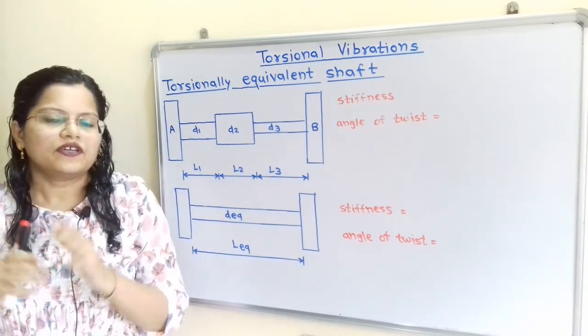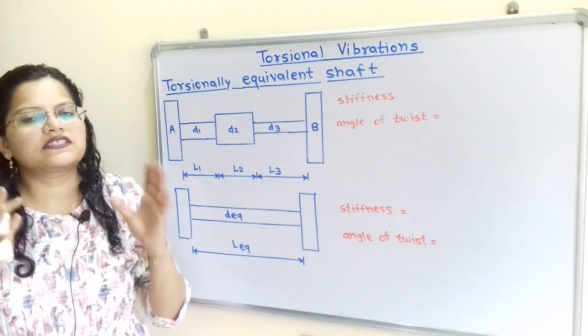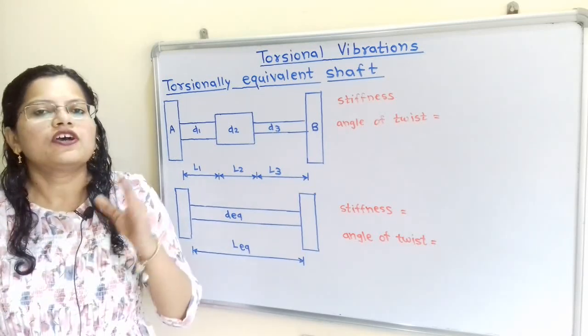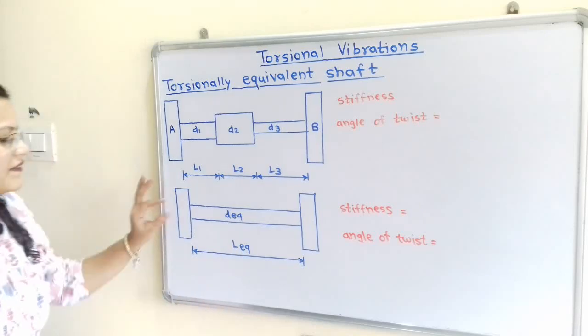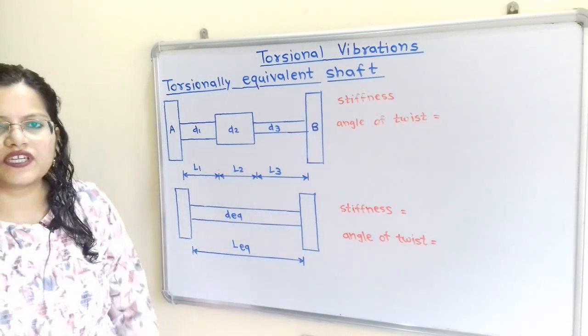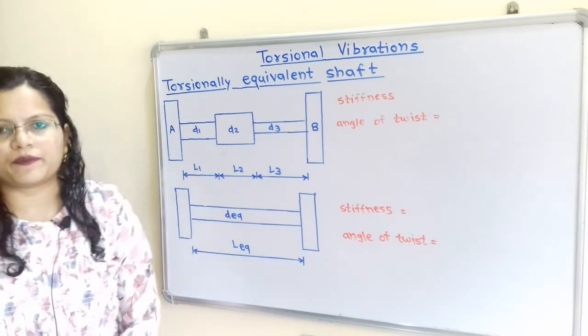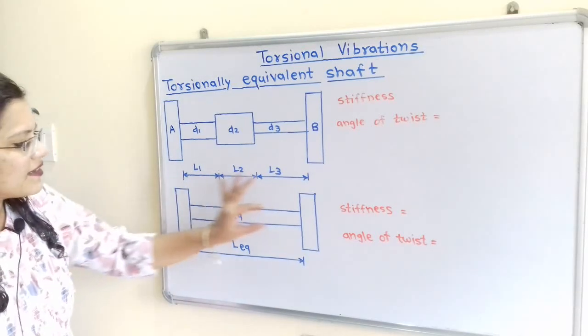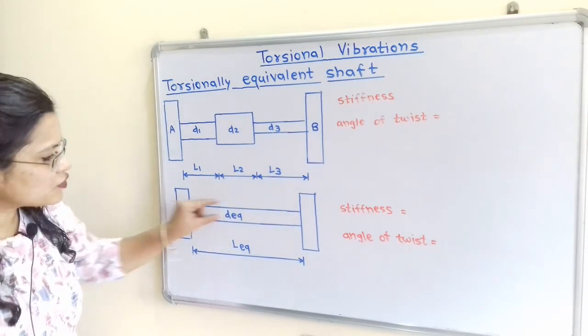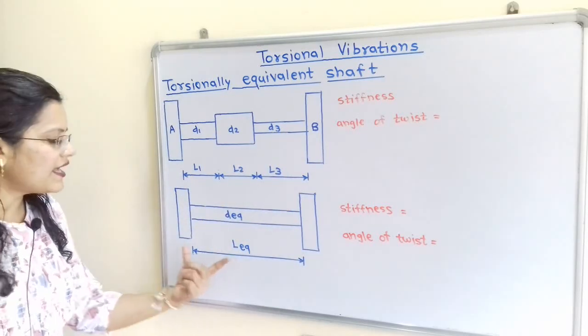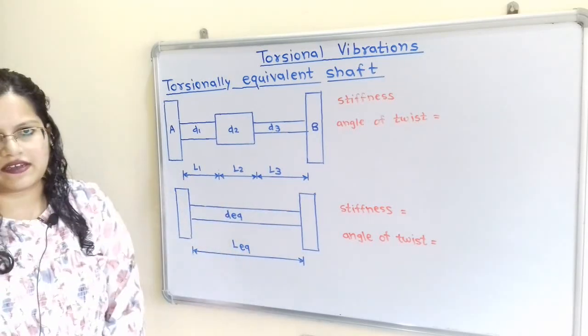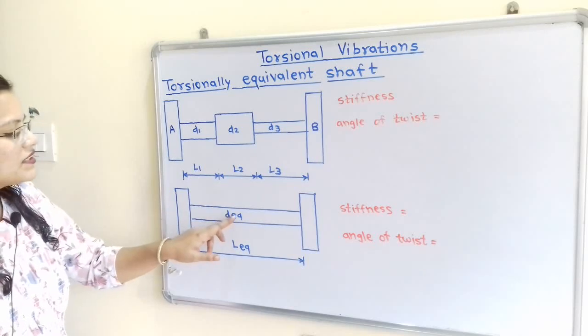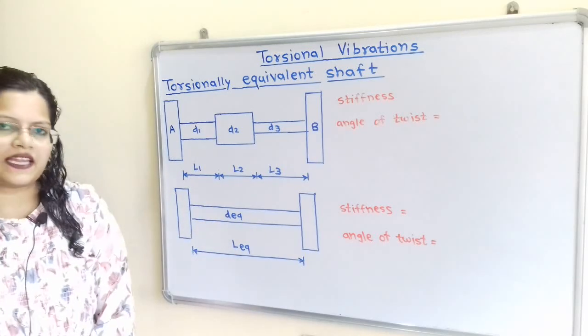an equivalent shaft. So how can we consider this torsionally equivalent shaft? For this equivalent shaft, the diameter must be uniform and length should be appropriate. So here is D equivalent, that is equivalent diameter, and this diameter is uniform all over the shaft, and this length is L equivalent. So how to find out this D equivalent and L equivalent?